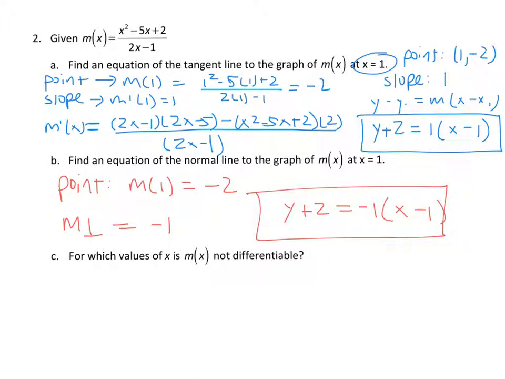And just a little bit of review for which values of x is m of x not differentiable. A function is not differentiable if it's not continuous, if it has a vertical tangent, and if it has a corner or a cusp. This rational function, the only candidate for one of those is for it to not be continuous. And it's not continuous when it has either a hole or a vertical asymptote.